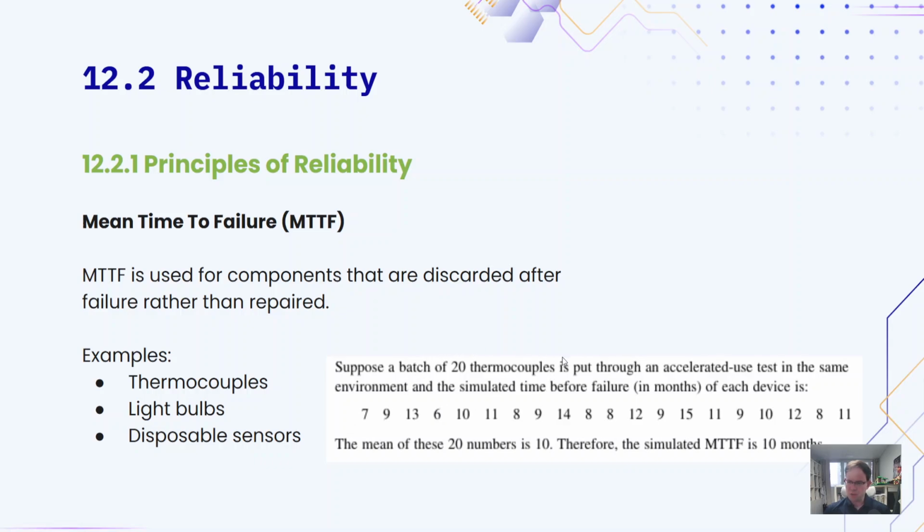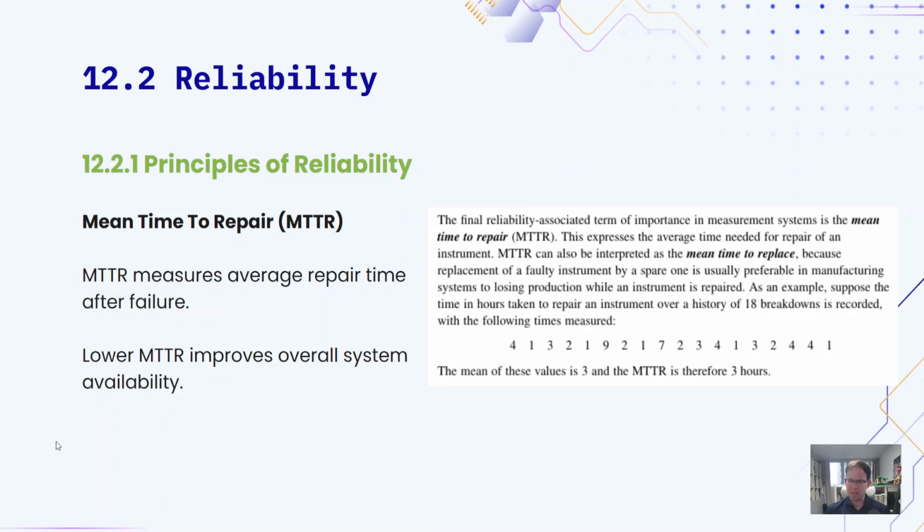Suppose a batch of 20 thermocouples is put through an accelerated use test in the same environment, and the simulated time before failure in months of each device looks like this. The mean of these 20 numbers is 10, therefore the simulated MTTF is 10 months. Even though some of them fail sooner and some of them fail later, the average MTTF, mean time to failure, is 10 in this situation.